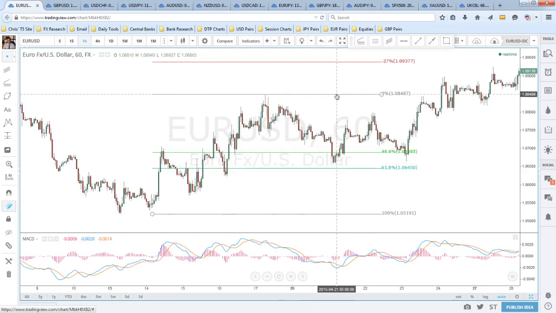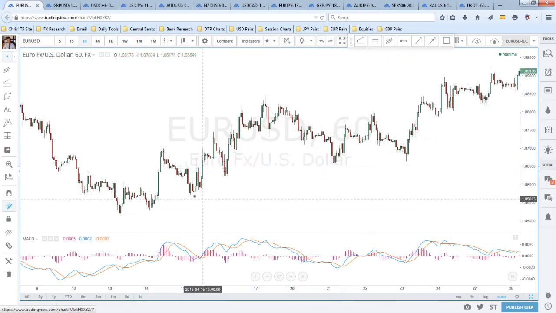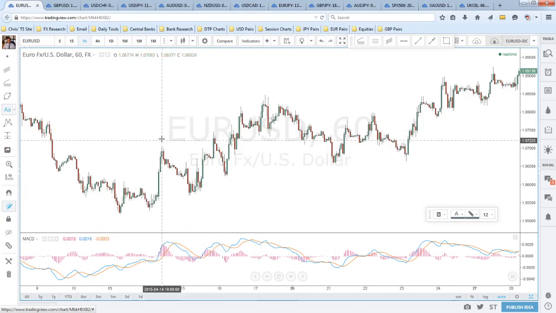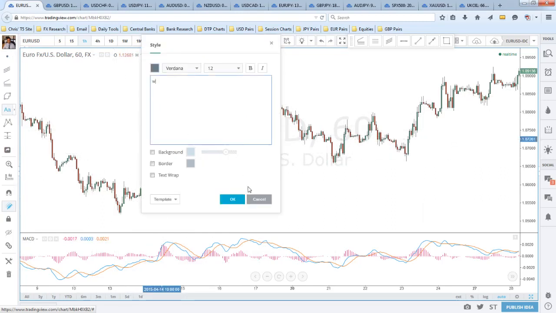Okay, and then we have the wave counts that we're going to use, and we're going to teach you these a little bit later. In this case, this is an example of what we call a triple. I'm jumping ahead a little bit here, but just to give you a little bit of a preview, we would label this as a triple.